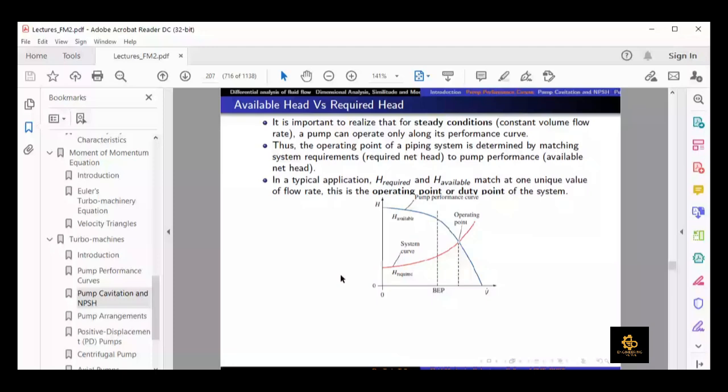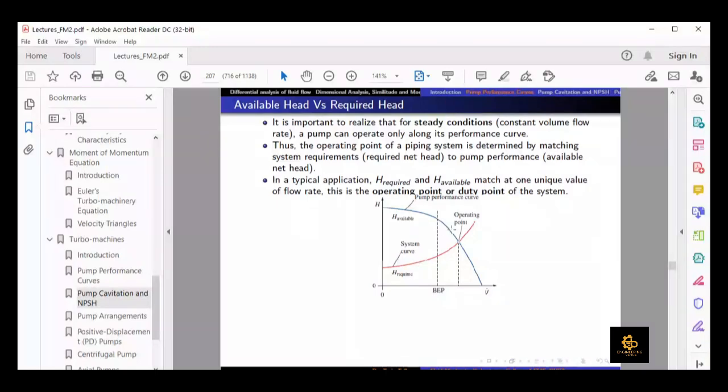So if we increase the volume flow rate, frictional losses and minor losses would increase, and you can see it from this red curve. We know that if we increase the velocity, the drag would also increase inside the pipe. The point where these two head curves intersect is the operating point of that pump.